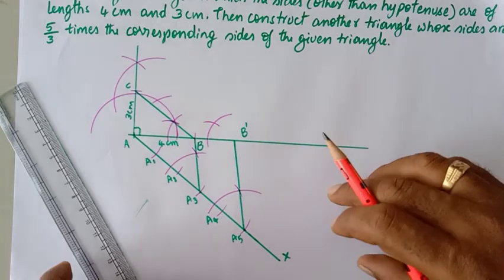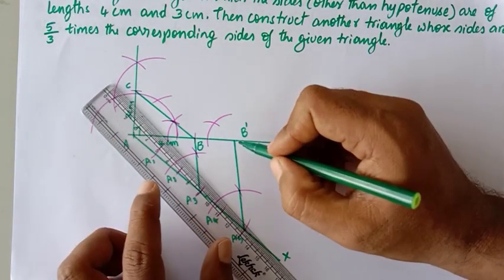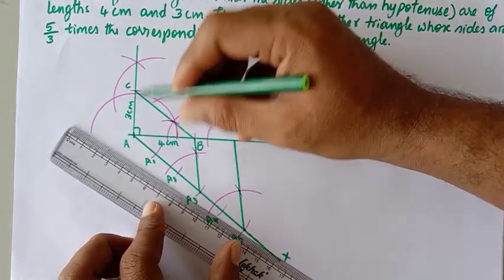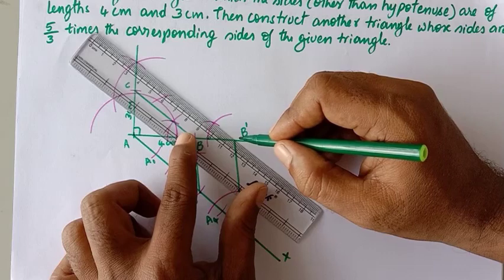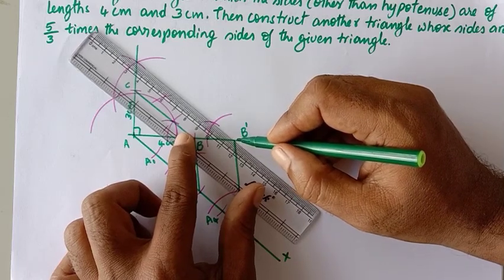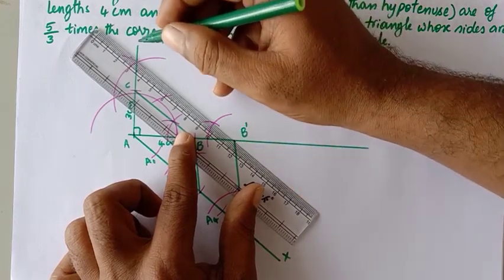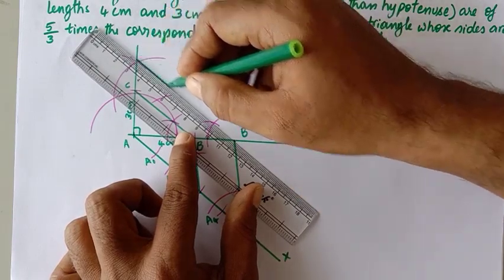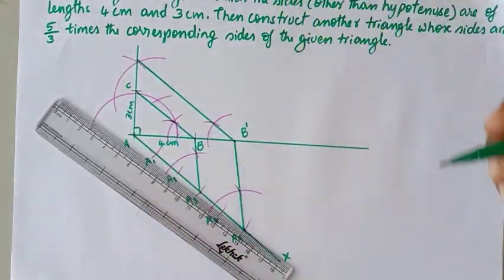Now, let me draw a line from B dash to the line AC. To the line AC. Yes. You see this?